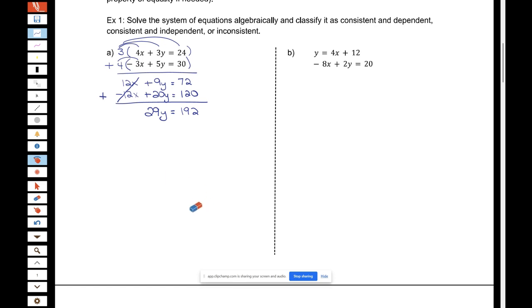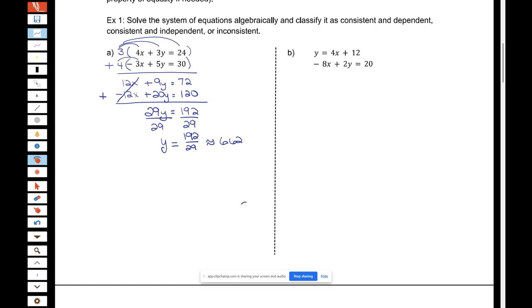If I divide both sides by 29, all right, 29 does not go into 192 evenly, nor if I simplify the fraction does it reduce. So y is exactly 192 over 29, or approximately 6.62.